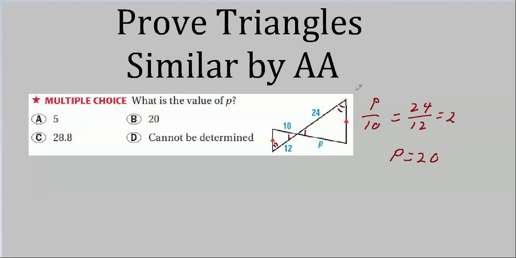The transversal produced alternate interior angles, which are congruent. You see, all that boring stuff we learned earlier, now we're using it. Oh, and by the way, that means that the answer, of course, is B. Maybe I should have mentioned that. There it is. B is the right answer.